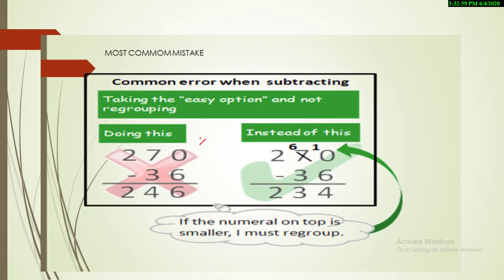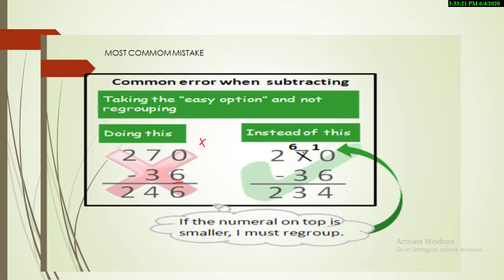No, this is wrong. One small mistake, because the child did not look at the floor. The 6 is bigger than 0, so he really needs to go to the next door, rather than solving 0 minus 6 and answering 6. This is the wrong way of solving the question. That's why I show you this common mistake.